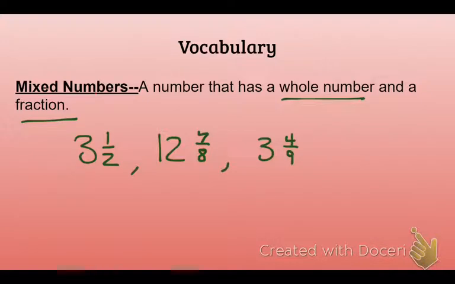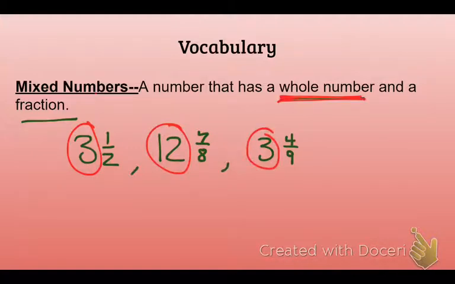Okay, so we're talking about the whole number. This is the whole number portion of the mixed number. That's this part. And then the fraction portion, I'll underline the fraction in blue and circle the fraction in blue. Those are our fractions. So whole number and fraction, mixed number.